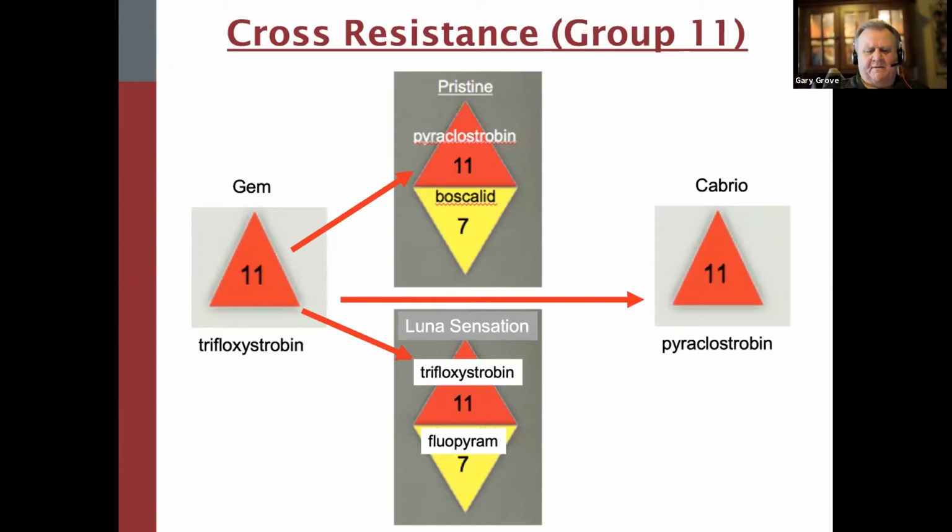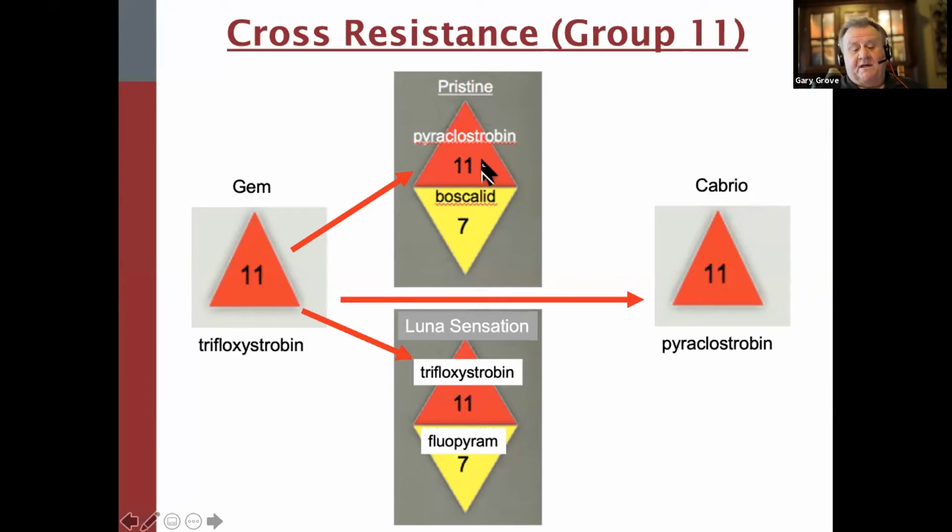And as you know, some of our best fungicide choices for powdery mildew are premix formulations of different FRAC groups. So let's go back to Gem or trifloxystrobin, and again, the 11 in there is the FRAC group. If we get resistance to trifloxystrobin, it's obviously also resistant to the trifloxystrobin in Luna Sensation.